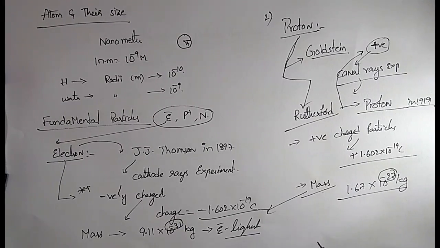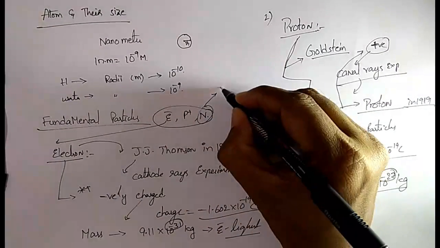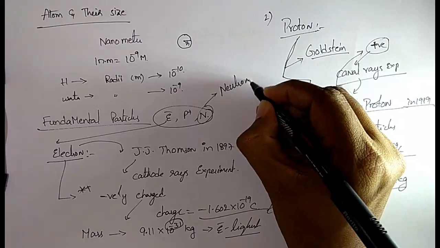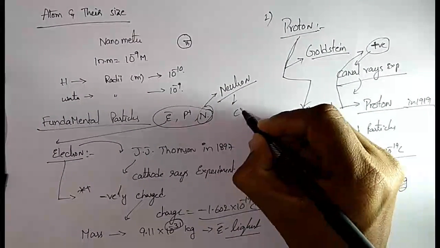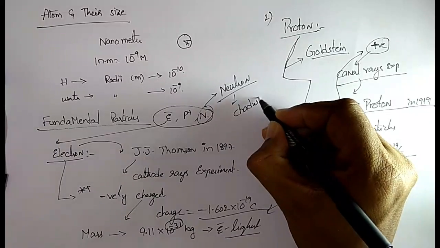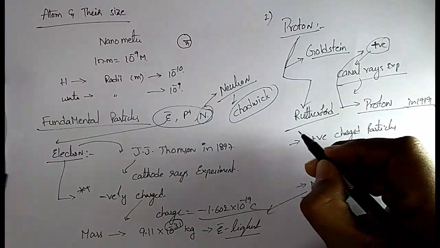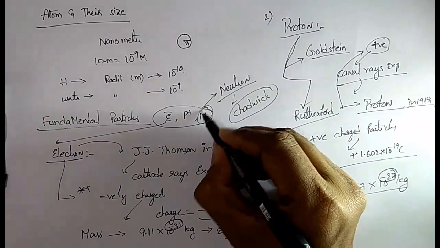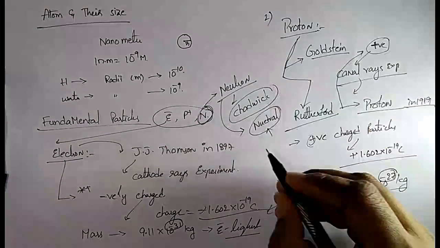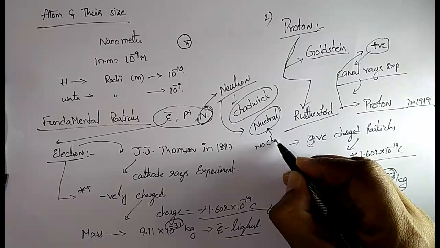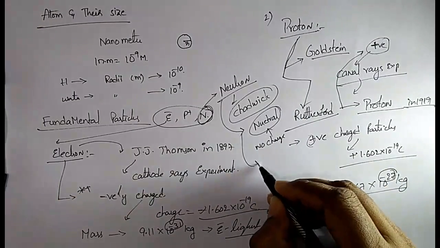Next fundamental particle, that is neutron. The neutron was identified by the scientist Chadwick. These neutrons are electrically neutral, that means they have no charge, only mass.